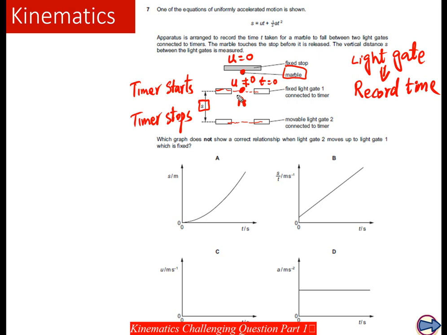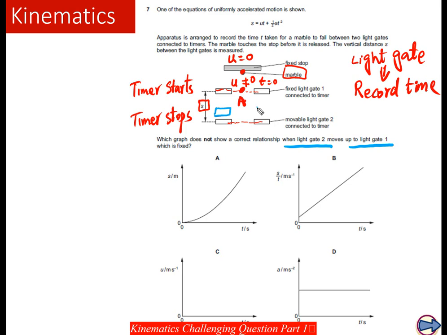Okay, so the second situation is given to us. It's telling us that light gate 2 moves toward light gate 1, which is fixed. So now we move light gate 2 to this point.